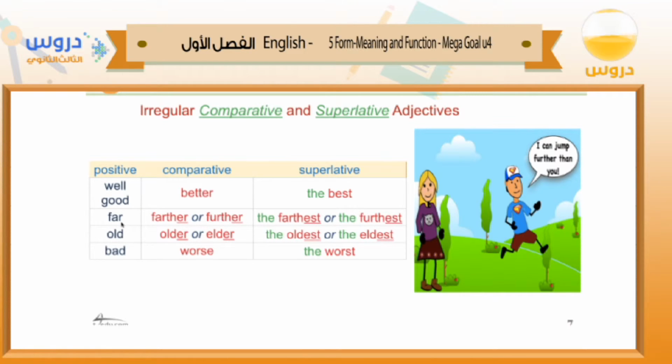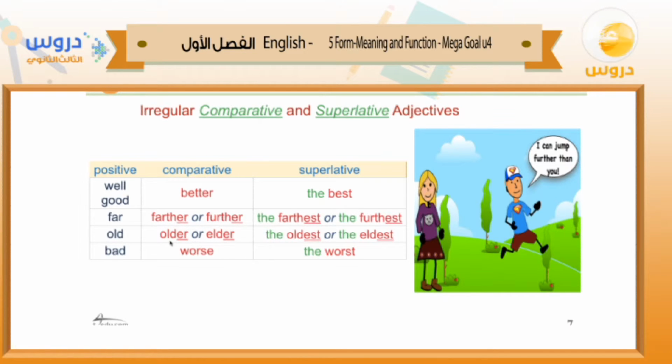Far, for distance. We can say for the comparative form, farther than or further than. Farther than or further than, all of them are correct. For the superlative, we can say the farthest or the furthest. We add here est and er. Old here indicates two meanings: the member in the family or the age.